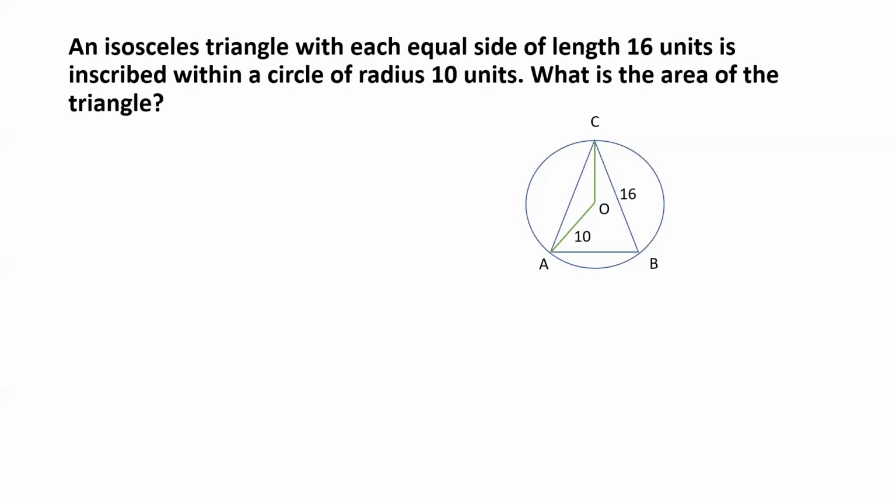If we drop a perpendicular from O onto the side AC, let's call it OL, so it meets AC at L. This perpendicular will bisect the side AC, and it will also bisect angle AOC, so angle AOL will be equal to angle LOC, and let's call each of those angles theta.